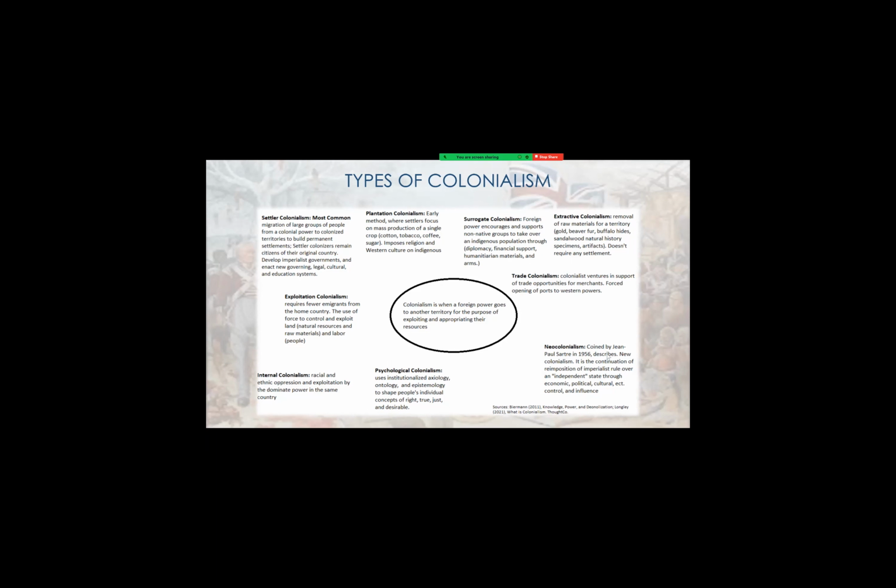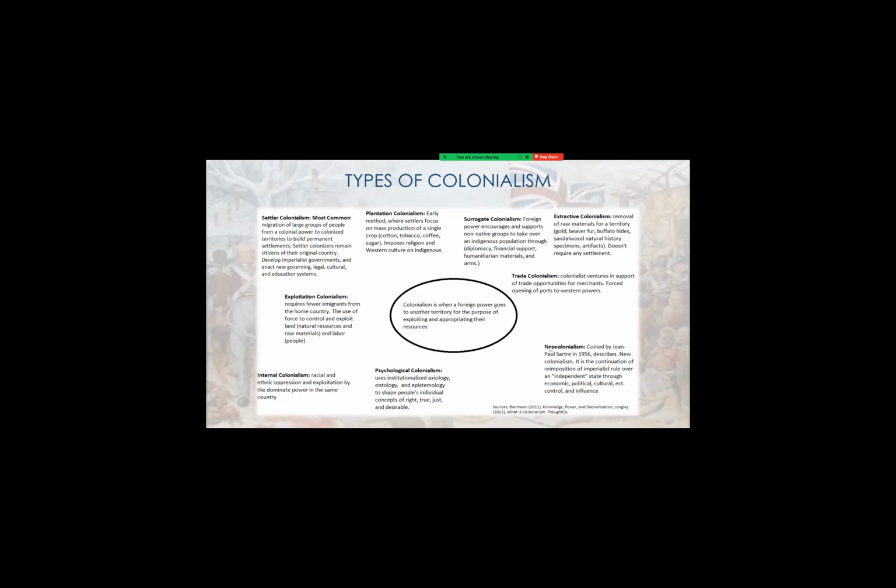And then we have neocolonialism. This term is coined by Jean-Paul Sartre in 1956. It describes a new colonialism. It is the continuation or reimposition of imperialist rule over so-called independent states through economic, political, cultural, etc., control and influence.